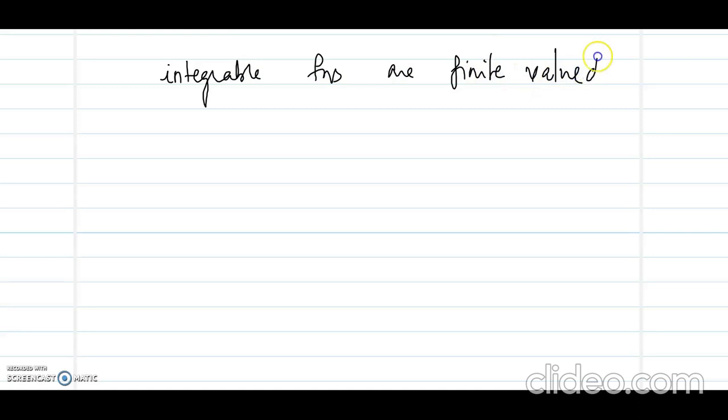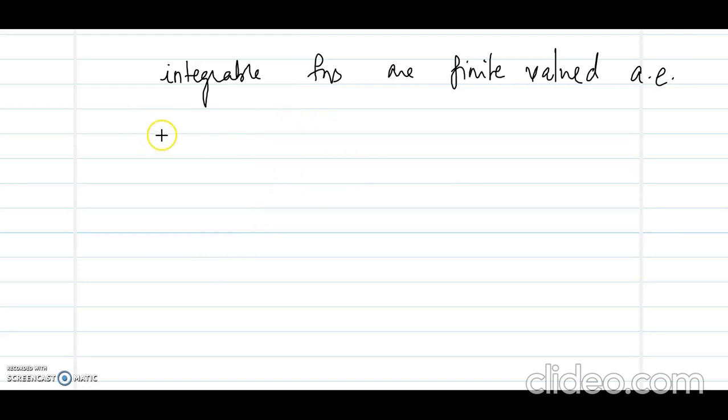Now, in the previous class, among the results we have stated this result: integrable functions are finite valued almost everywhere. Now phi 1 and phi 2 are integrable functions, and similarly psi 1 and psi 2 are integrable functions.